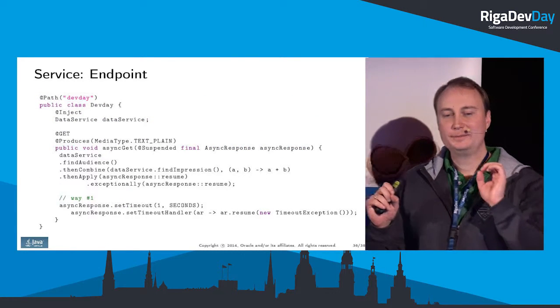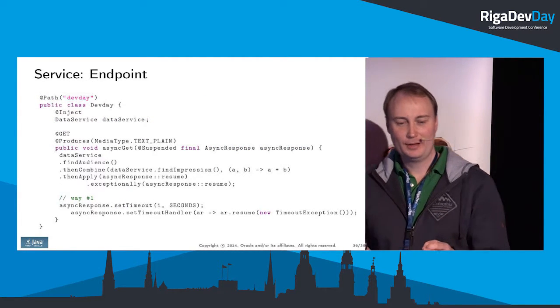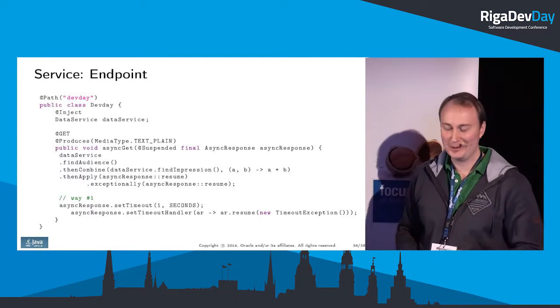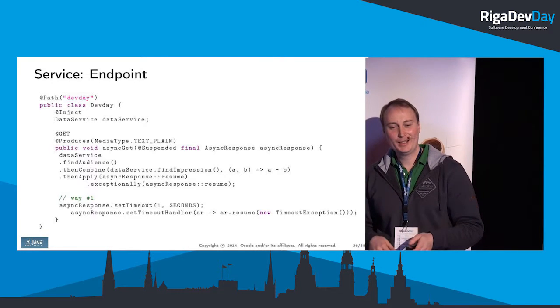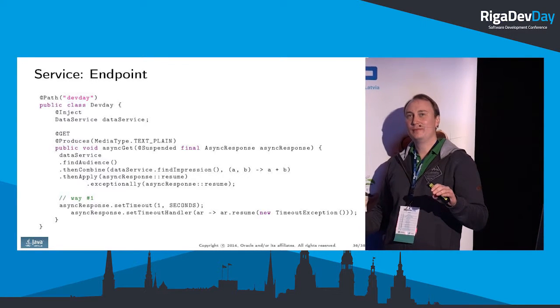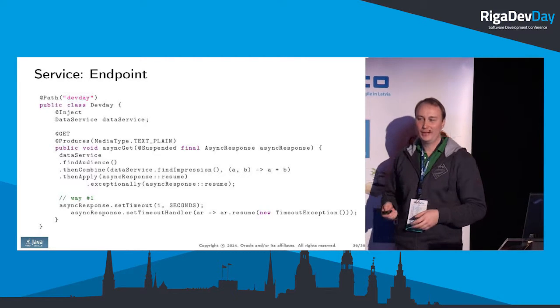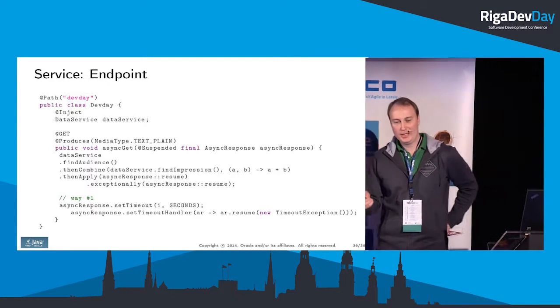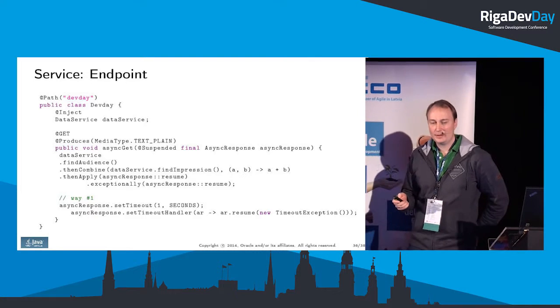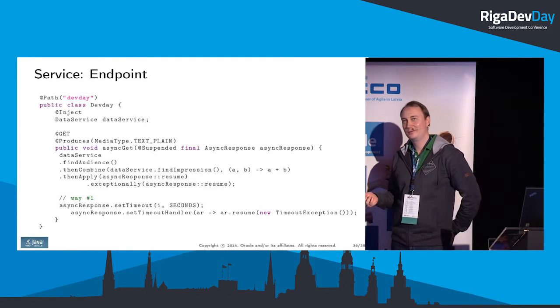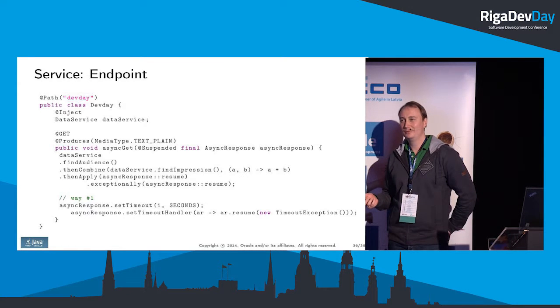We have an endpoint that responds. I will show it in browser. It's completely honest. We inject some data service, and it's a kind of interesting one because it doesn't return plain Java objects as we typically do.